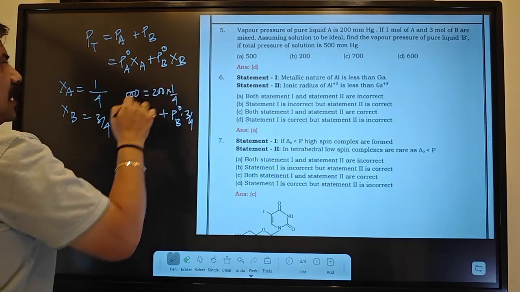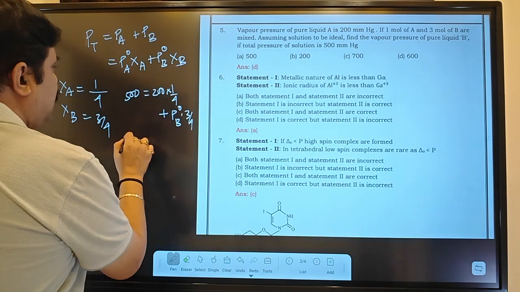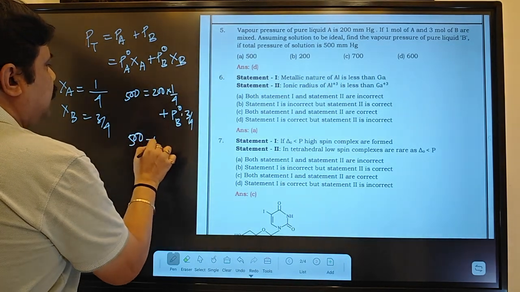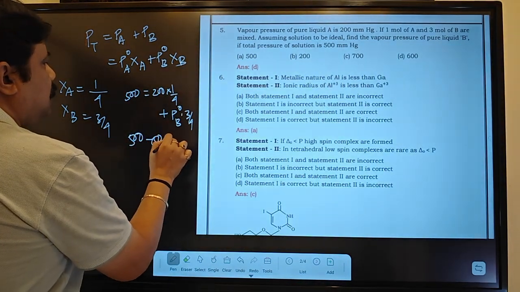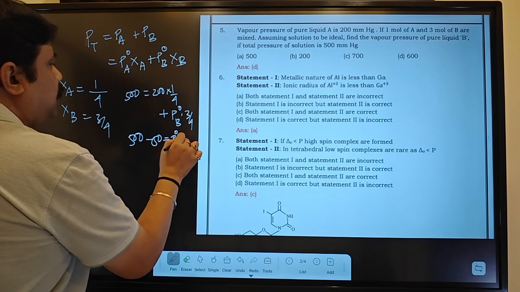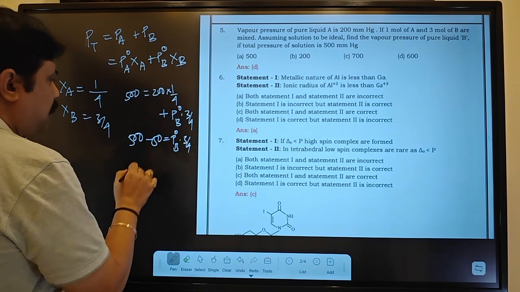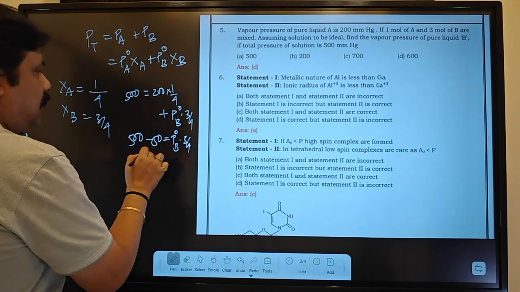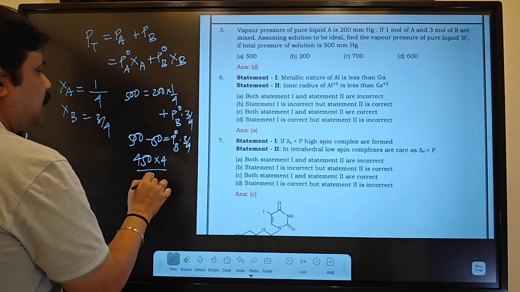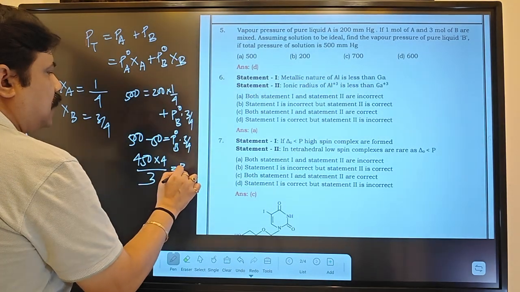Now you look at 200 into 1 by 4, which is 50. Then 500 minus 50 will be equal to PB naught into 3 by 4. 500 minus 50 is 450, into 4 divided by 3, equals PB naught.